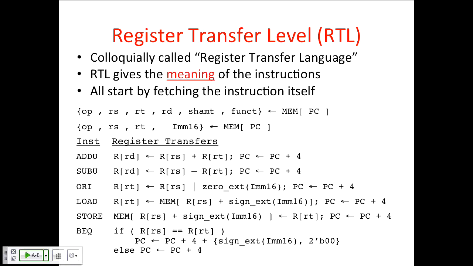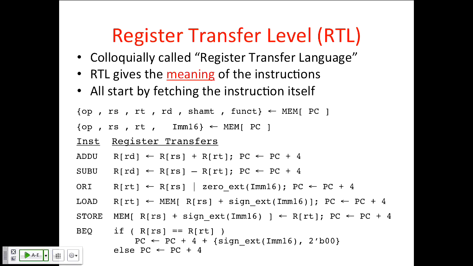So when we read from the memory at a given program counter, we're going to get an opcode, RS, RT, RD, shift amount, funct. These 32 bits are split up this way. We're just saying how we like to view the 32 bits that come back from the memory at this location. Remember, you can think of memory as an array indexed by address, and that's the way we're going to write it in the register transfer language.